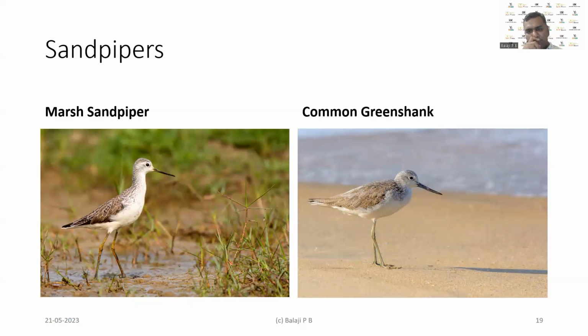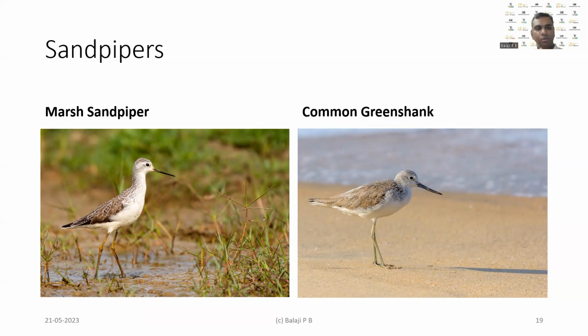Another very similar kind of confusion exists between the marsh sandpiper and the common greenshank. These are very commonly confused in the field. The reason is that the leg color of the marsh sandpiper sometimes looks yellow, sometimes greenish, depending on the plumage, whether it's non-breeding or breeding plumage. The leg color is very similar, and the upper body markings also look very similar.